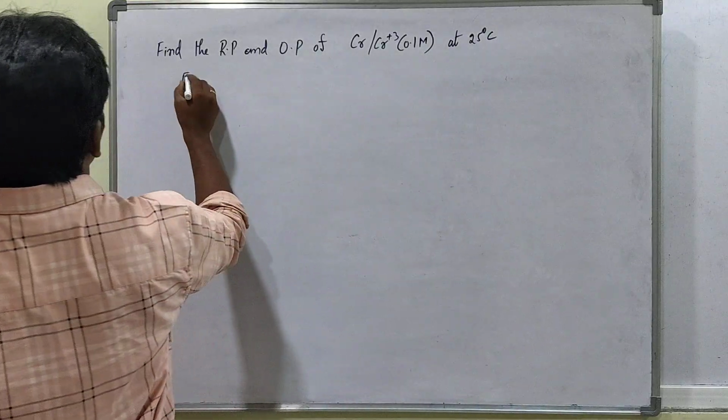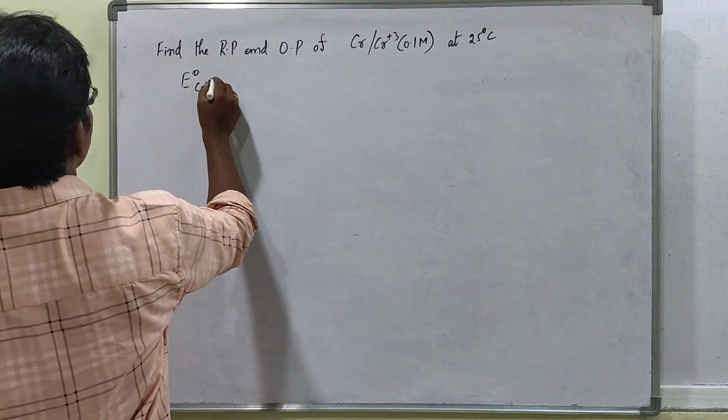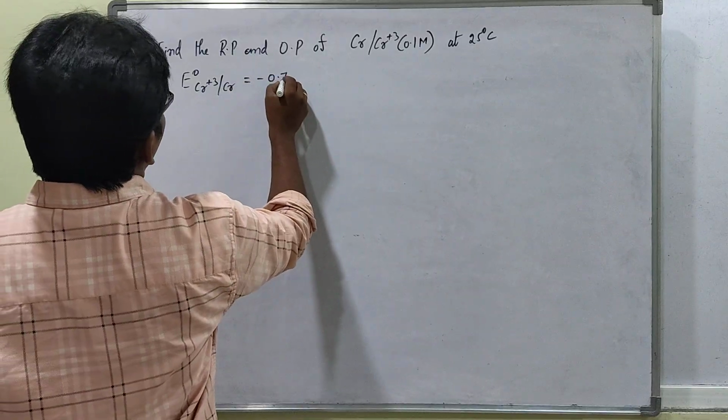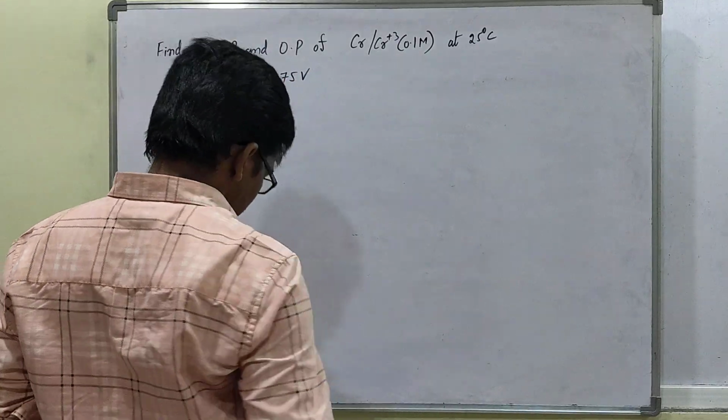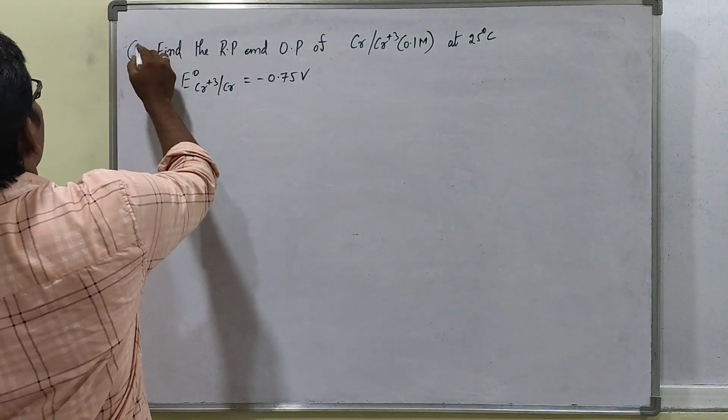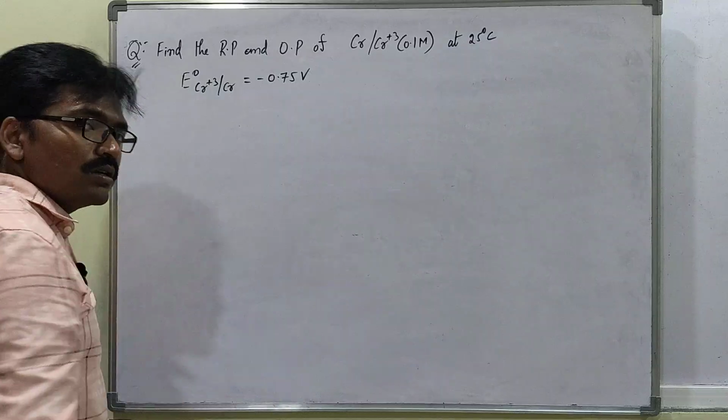Then E naught of Cr plus 3 to Cr equals minus 0.75 volts. So like this it will be there.